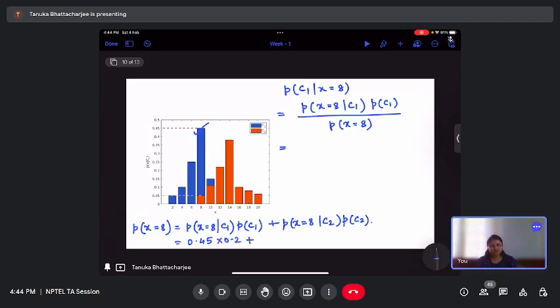Similarly, from the class conditional density of class C2, which is the red histogram, you can read the probability of x equal to 8 given class C2, which is 0.05, into probability of C2, which is 0.8. If you compute this, this will be 0.13. Let me just check it once.